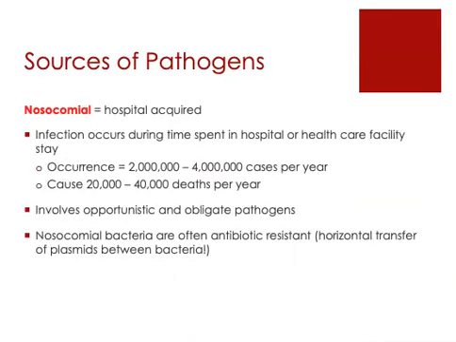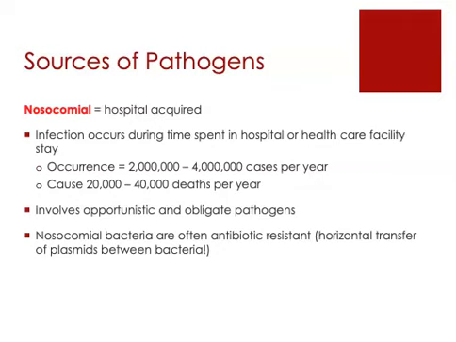We should also mention nosocomial sources of infection, and all that term refers to is hospital acquired. Unfortunately, our hospitals are a significant source of pathogens and lead to too high a number of infections in hospitalized patients. A nosocomial infection is an infection that is acquired during a hospital stay.